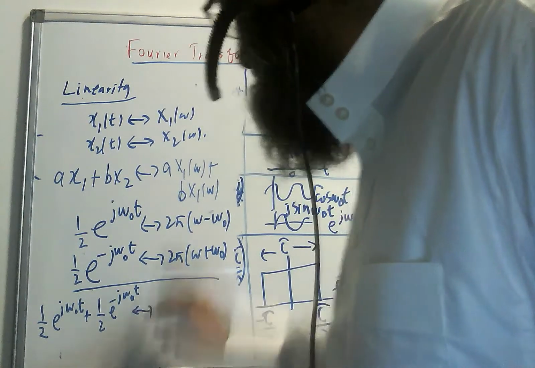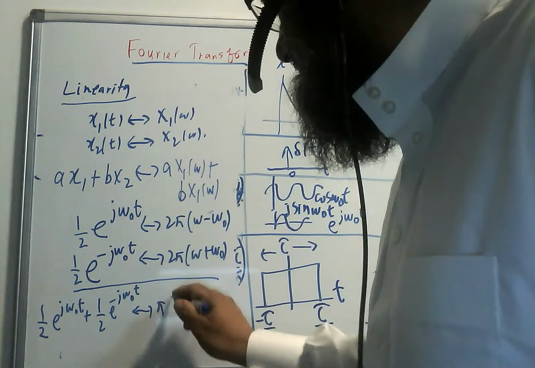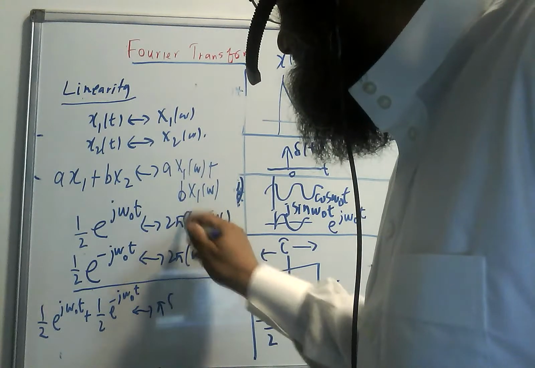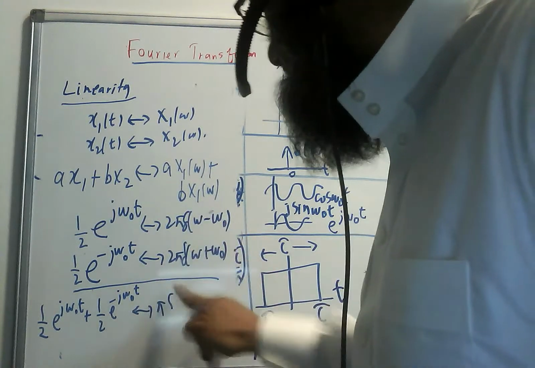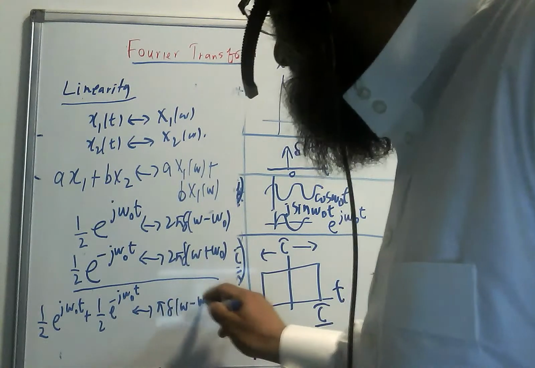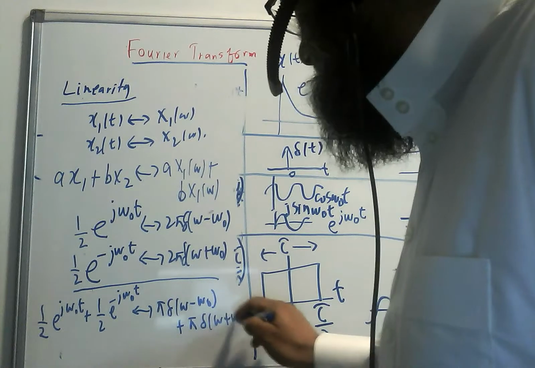So on this side, I can just add these two and divide by 2. So it will be pi delta of omega minus omega naught plus pi delta of omega plus omega naught.